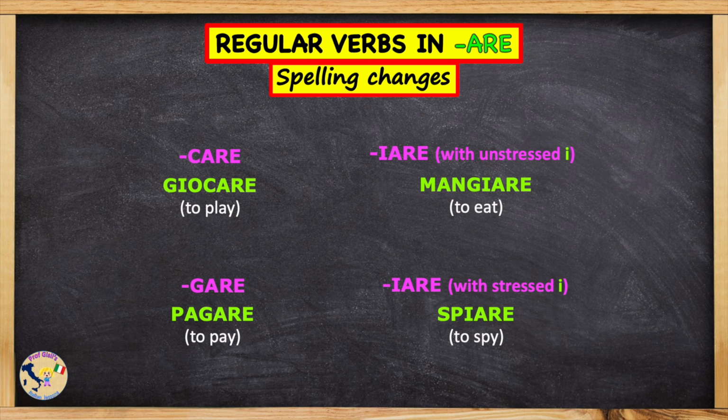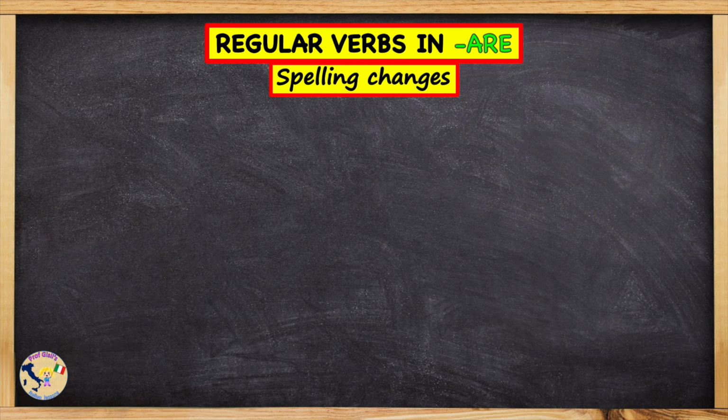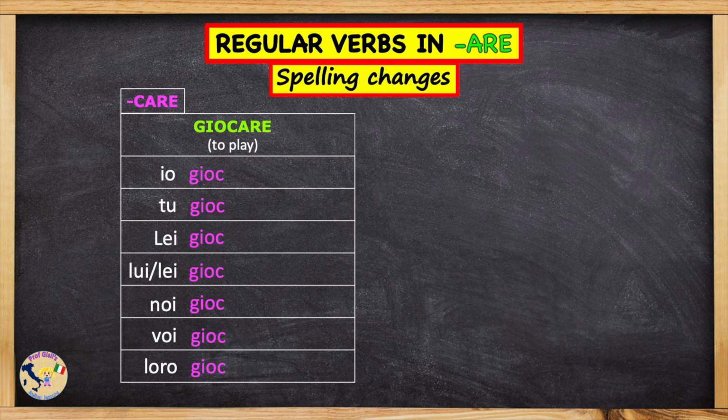To explain the spelling changes, let's look at the present indicative of these verbs. We start with giocare, one of the regular verbs ending in -care. First of all, we remove the verb group ending -are and we get the verb root gioc. To get the conjugated forms of this verb, we now need to add the endings for the present indicative.